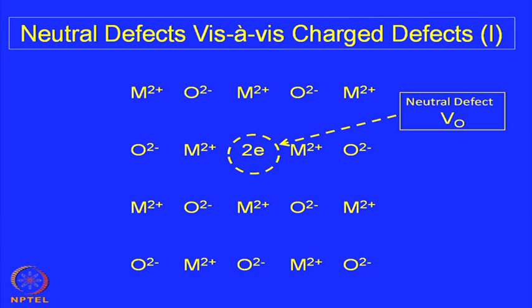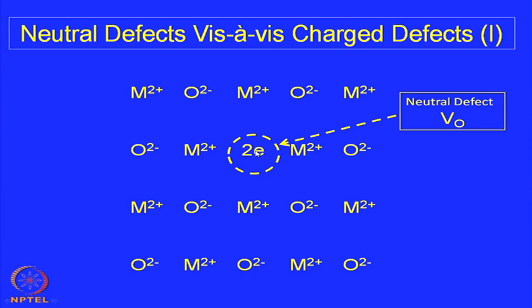These are the 2 electronic charges left behind when the oxygen has come out in the form of an atom, because it cannot take the charge and come out on the surface or into the atmosphere.